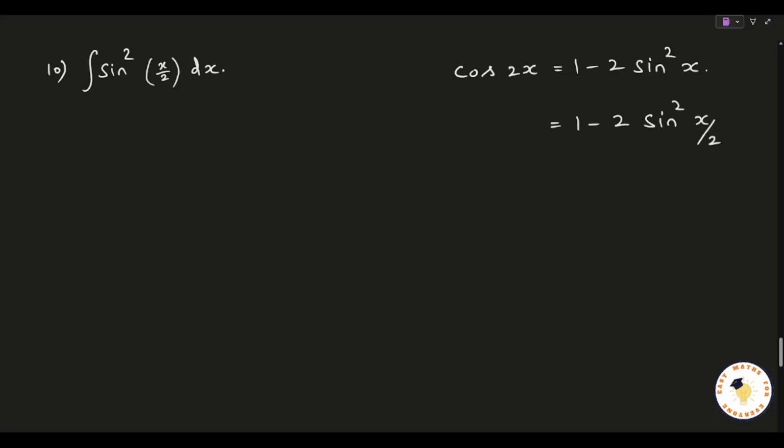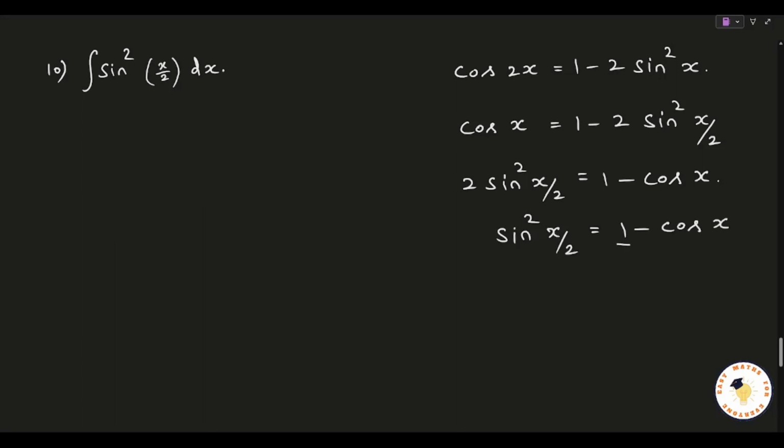This will eventually give you cos half of this 2x, which will be x. So cos x equals 1 minus 2 sine square x by 2. So 2 sine square x by 2 will be equal to 1 minus cos x. So sine square x by 2 will be equal to 1 minus cos x divided by 2.